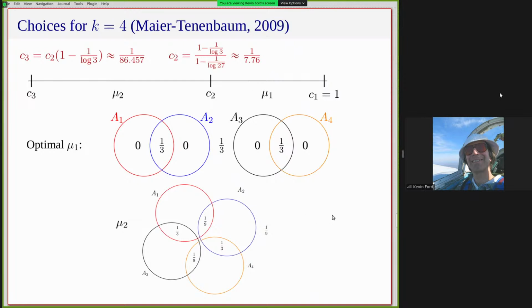Another takeaway from this is that there's no way to modify this argument, the way it's set up here, to obtain just 3 close divisors in a short interval without doing 4. Okay, so this was optimized for powers of 2. Okay, you can do the same thing for 8 and 16 and so on.